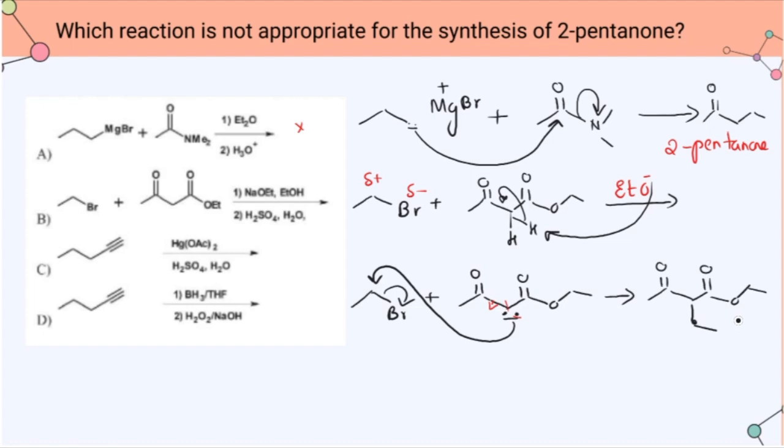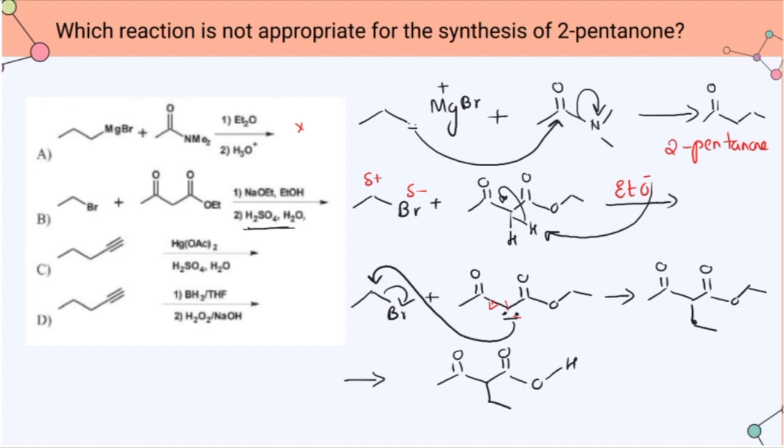Now the reaction is not yet over because there is H2SO4 and water. That means it is acidic hydrolysis and this is an ester. So when an ester undergoes hydrolysis, it is going to form the carboxylic acid.